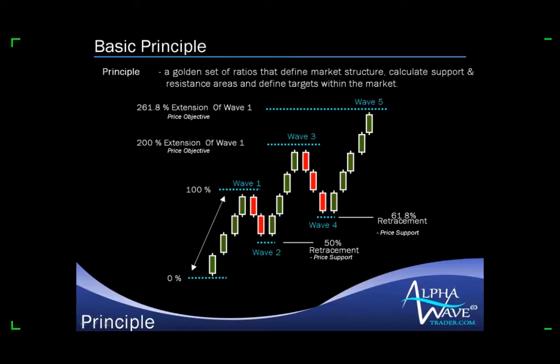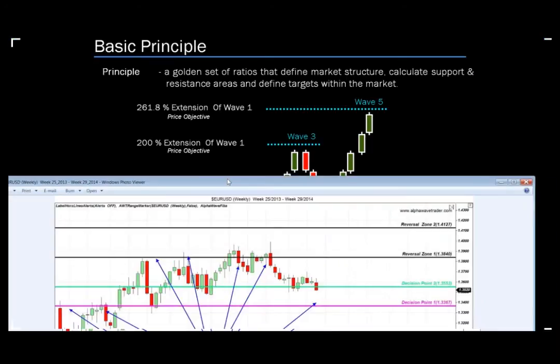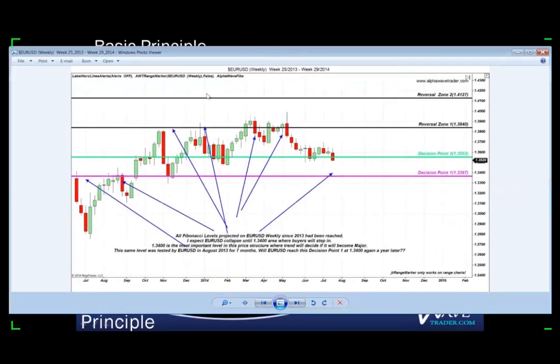Here's an example. Everything posted on social media you can review going back 4 years. Here's Euro 2014. Euro reached the reversal zone since 2013 November. All spelled out by the price since 2012. Based on the Alpha Wave Trader Method, you had the opportunity to short Euro from 3,800.